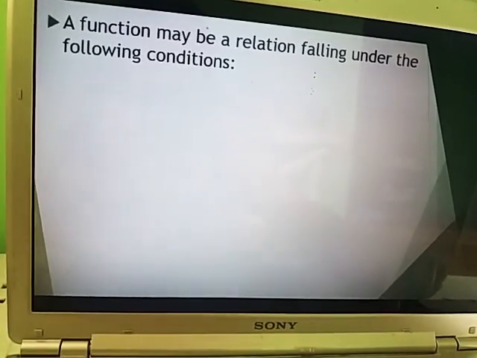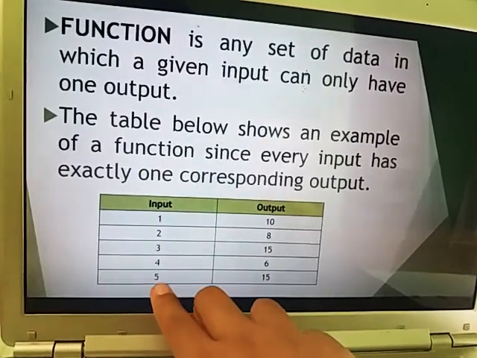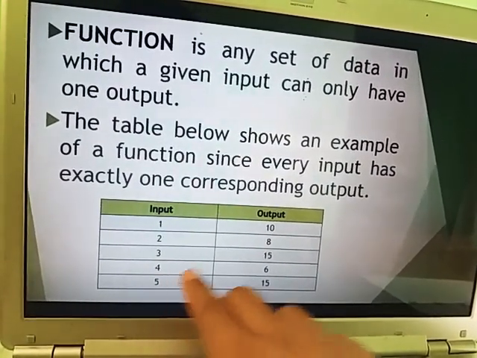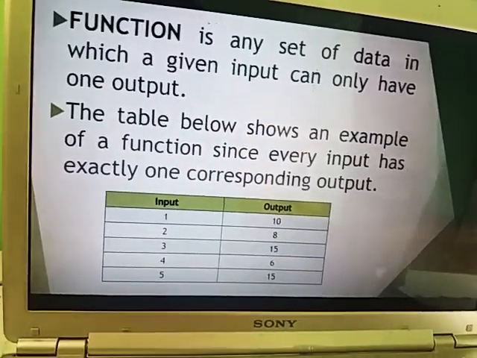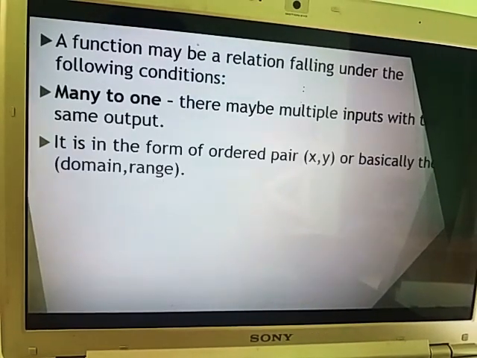Tama? Let's go back. Ayan, we have 3 here and we have 5. They are different inputs but they have the same output. So that is an example of many to one.